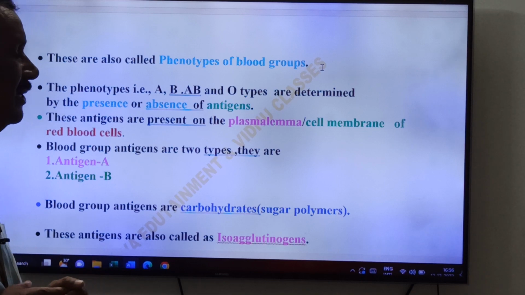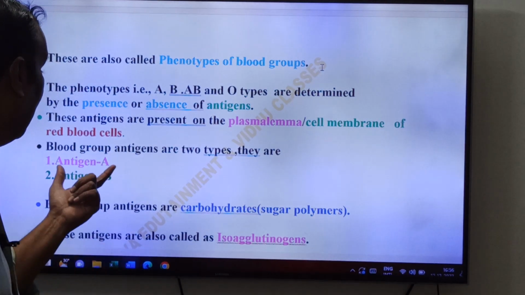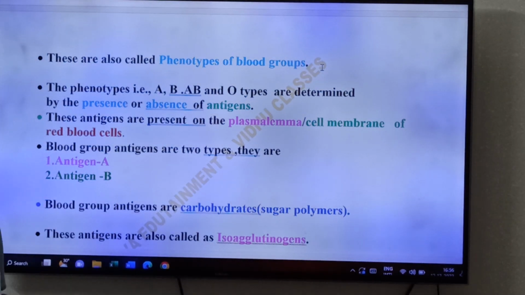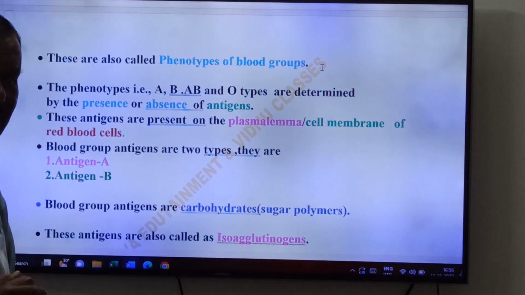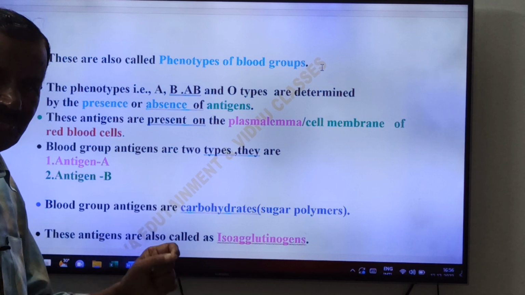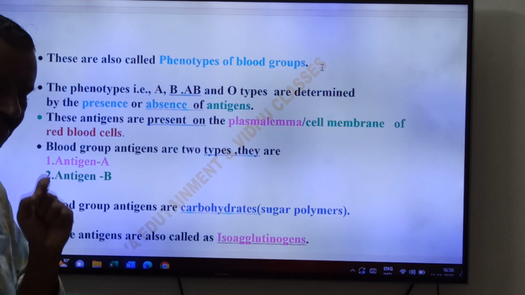These blood group antigens are of 2 types. What are they? They are antigen A and antigen B. How many blood group antigens are there? Antigen A and antigen B. What is their location? They are present on the plasmalemma of the red blood cells or erythrocytes.